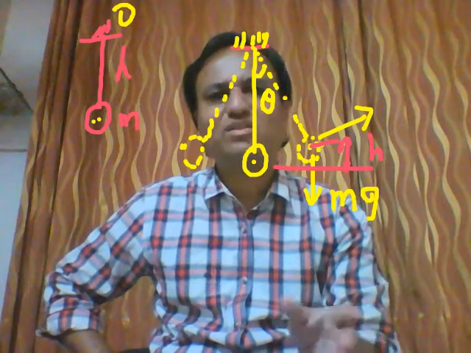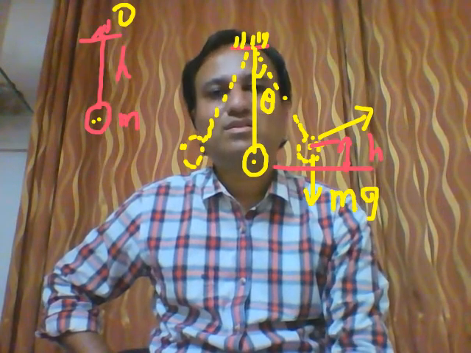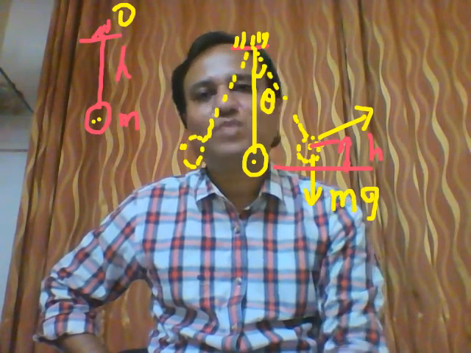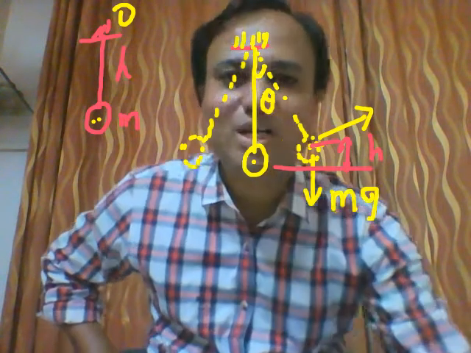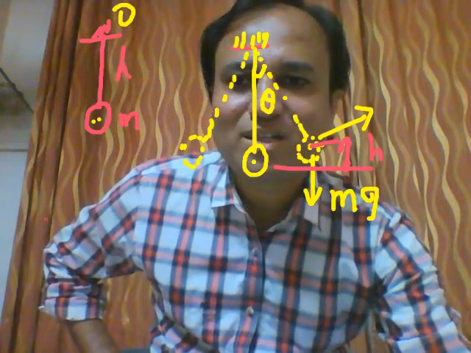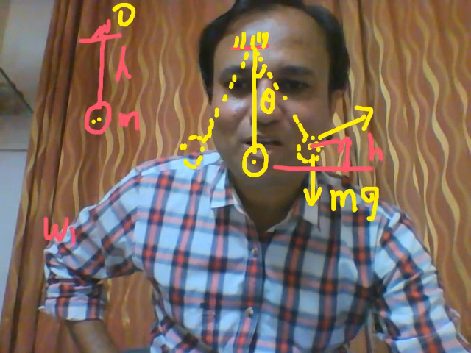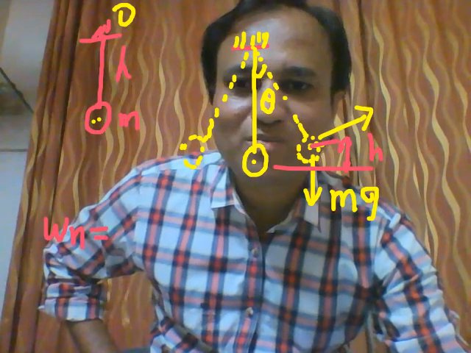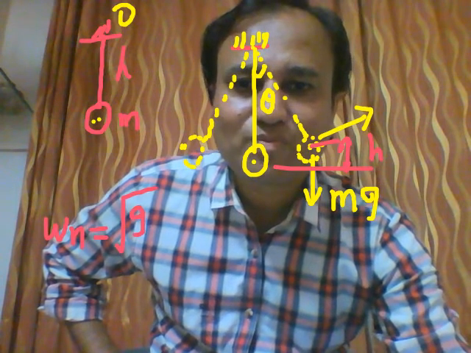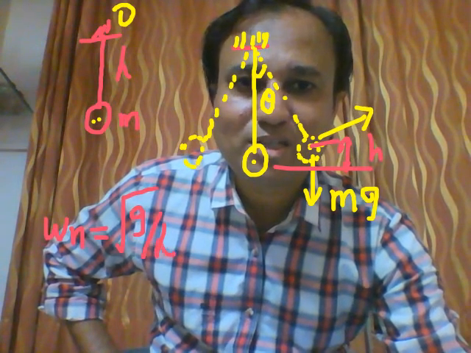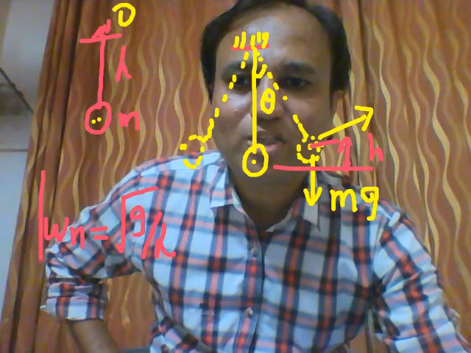How to calculate h? By simple trigonometry you can calculate h. Meanwhile, I will give you the answer: the final expression is omega n equals square root of g by L, where g is the acceleration due to gravity and L is the length of the pendulum.